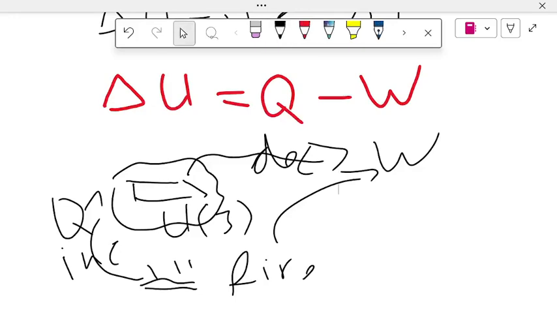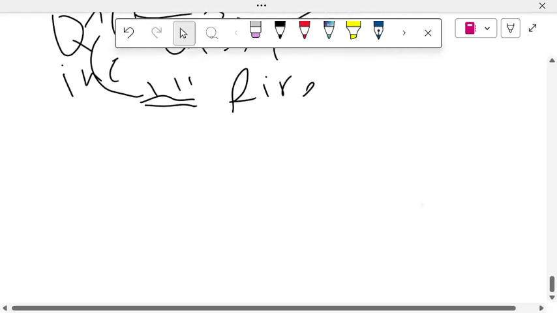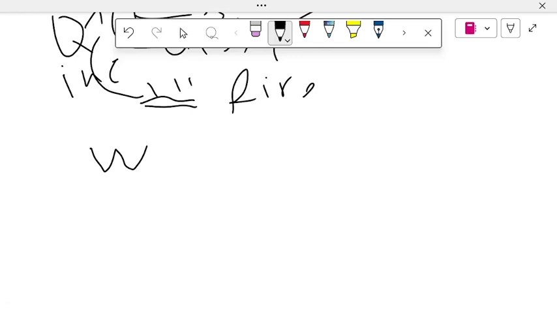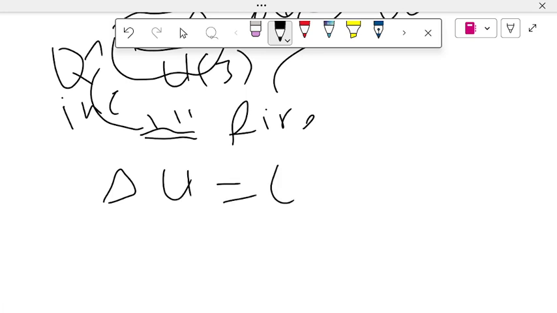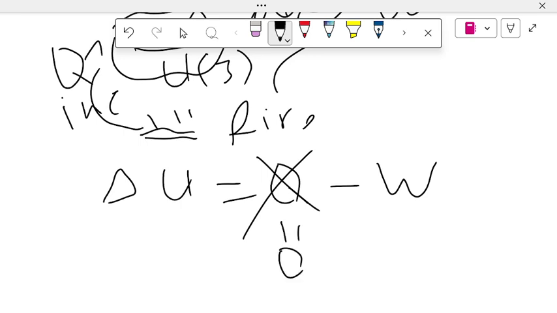So in my case, the work is this minus this, but I know this is 0 from the compression stage.